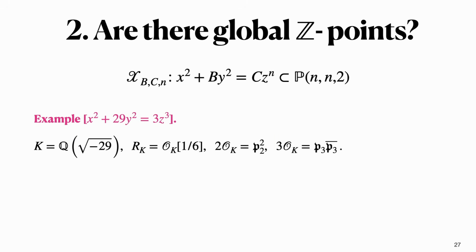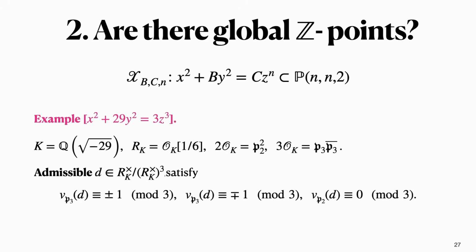let me see, I have 2 minutes. So we end up noticing that the localization that we need to consider here is the ring of integers inverting the primes 2 and 3. And then the admissibility condition in this case, I just want to show you how it looks like, is valuations at the primes 2 and 3 need to be certain things.